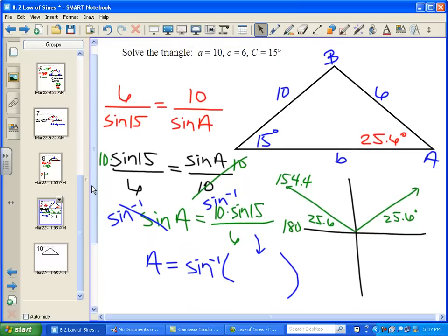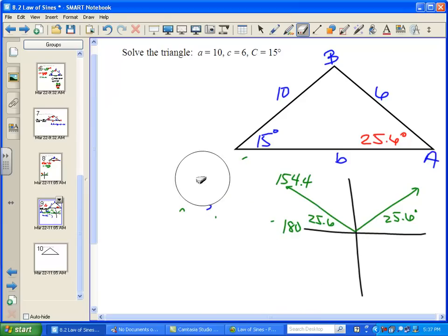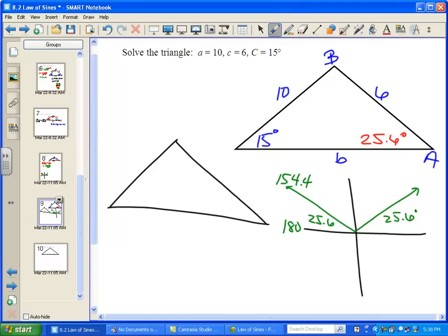So what I want to do is get rid of these calculations here, and check, just like I did in the last segment, to see if 154.4 degrees would work. Because in the last triangle it didn't, so we're kind of skeptical about this one, right? And here we've got this second triangle would be 15 degrees, and I guess I should draw it a little bit different since this is going to be a bigger angle.